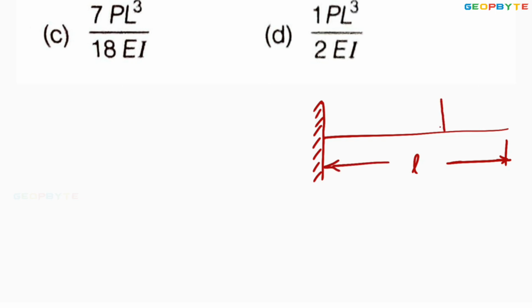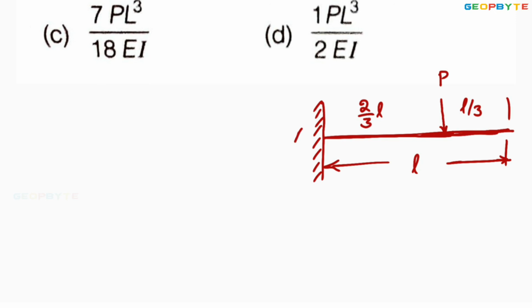Now the point load P is acting at a distance of L by 3 from the free end. If this length is L by 3, the other side length is 2 by 3 into L. You are asked to find the deflection at the free end.